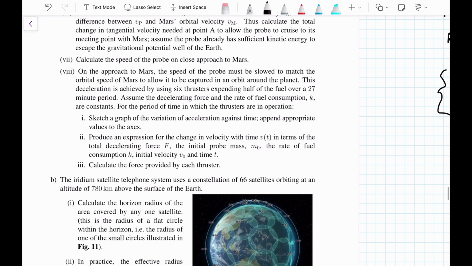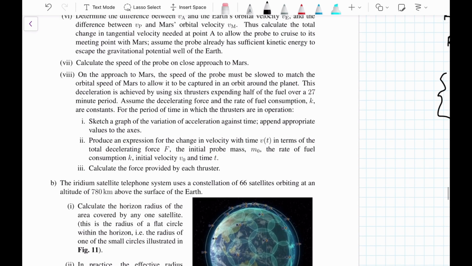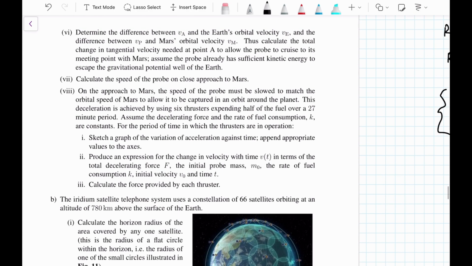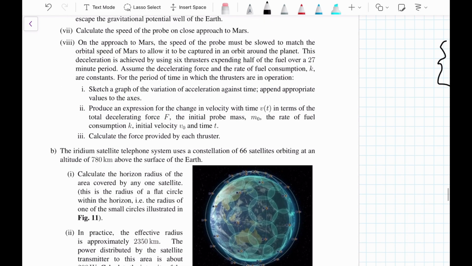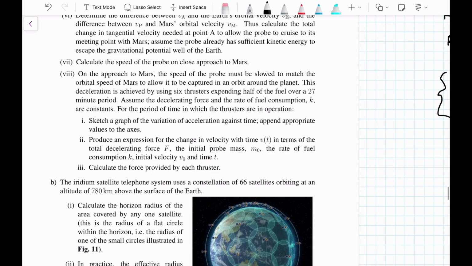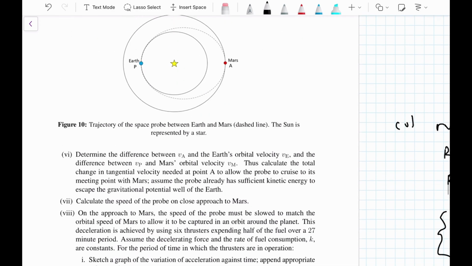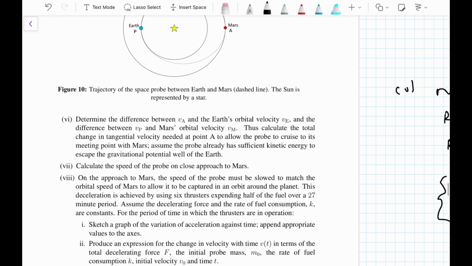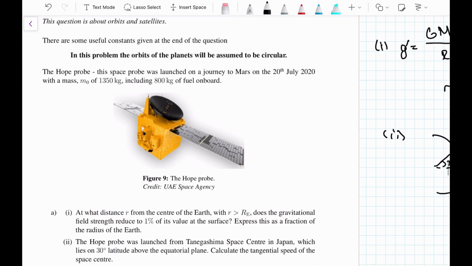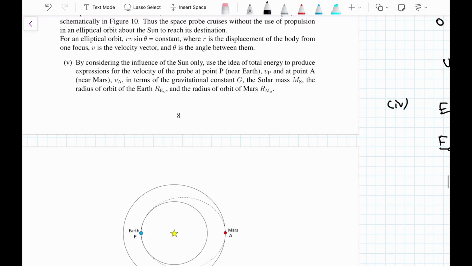Okay, so let me see. How do we do this? Okay, let's just calculate the acceleration first. Over a 27-minute period, half of the foil. So given over here, I believe, yeah, 800 kilograms of foil.